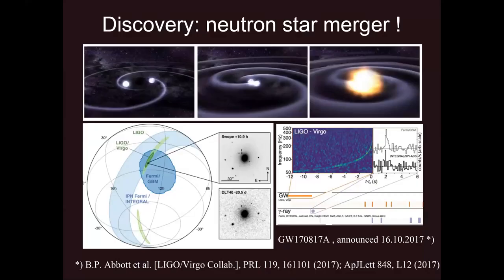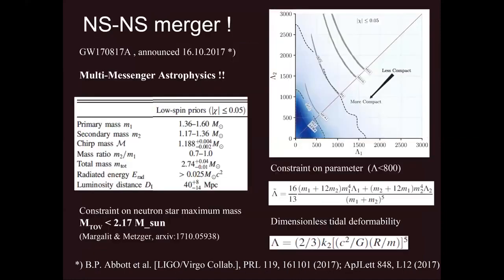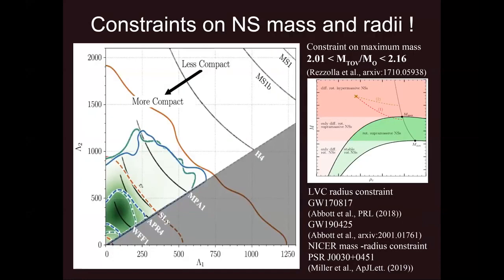And from the analysis of the gravitational waves, we can infer the tidal deformabilities. And this tidal deformability now puts a stringent constraint on the compactness of the star. And here we have the probability lines of the analysis of the LIGO-Virgo collaboration.